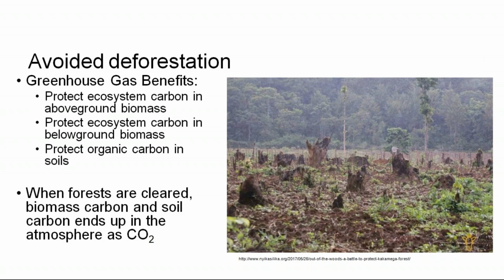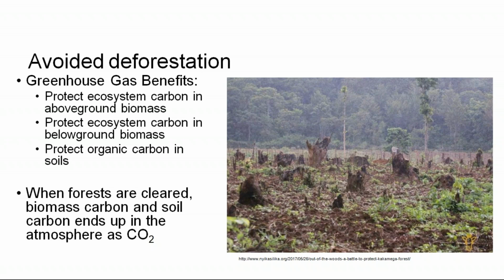So of course, avoided deforestation has greenhouse gas benefits. It protects ecosystem carbon in the above ground biomass. It protects ecosystem carbon in below ground biomass, and it protects the organic carbon in soils. Under forests, you tend to get large stocks of soil organic carbon which have built up over time.